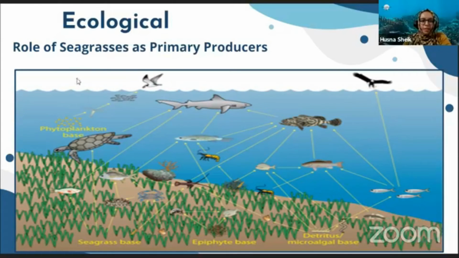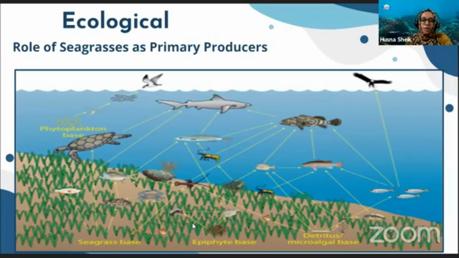Now, the role of seagrasses as primary producers. You know that they are one of the primary producers in the marine ecosystem. While they produce oxygen, they also harbor many organisms in their seagrass meadow.